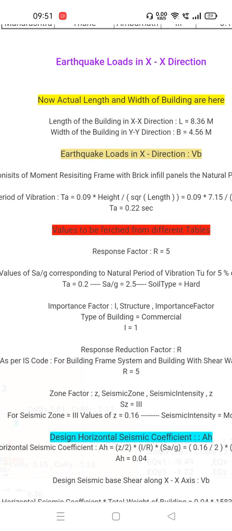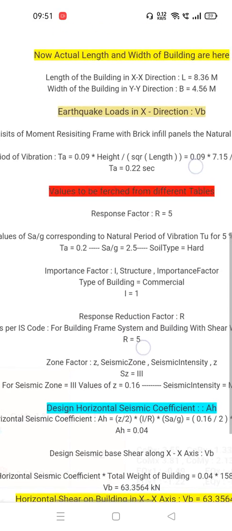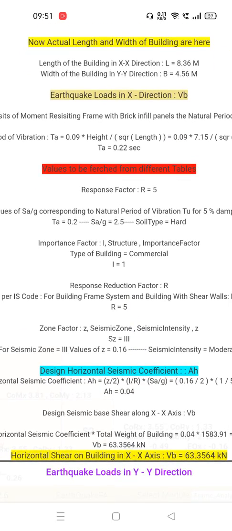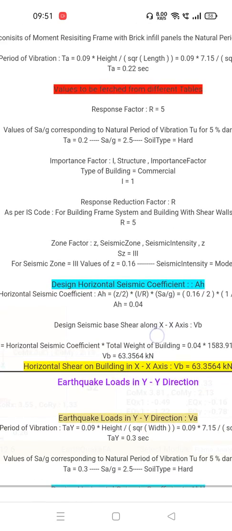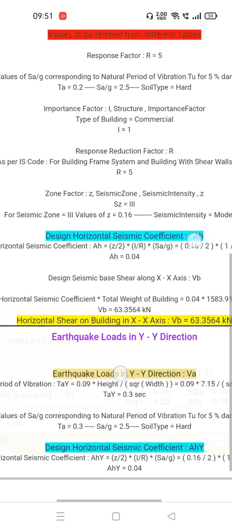As per IS code, we have considered response factor R 5, that is inbuilt. Importance factor as per the structure condition and type of building is considered 1. Seismic zone we already discussed, 0.16.